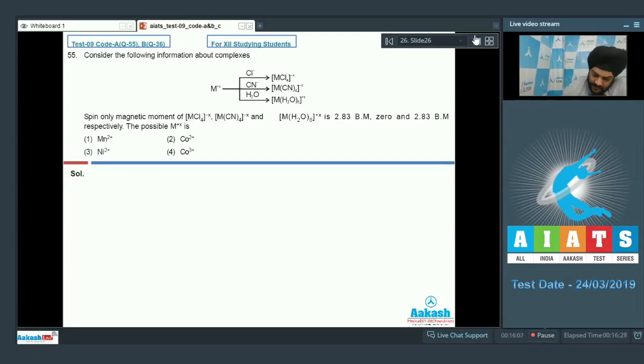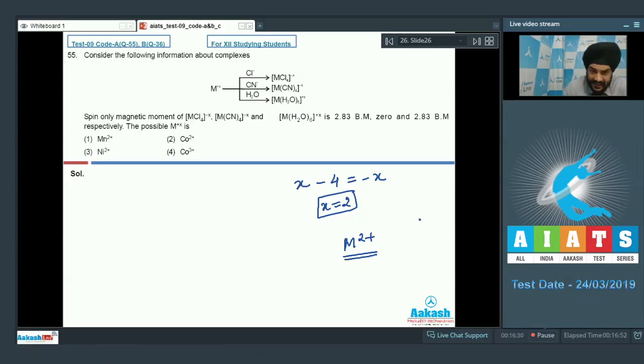We have MCl4 having a total charge of x negative. So we can have x, which is the charge on metal, minus 4, which is present on the 4 chloride ligands, equal to minus x, which on solving gives us a value of x equal to 2. So we're talking about M2+.